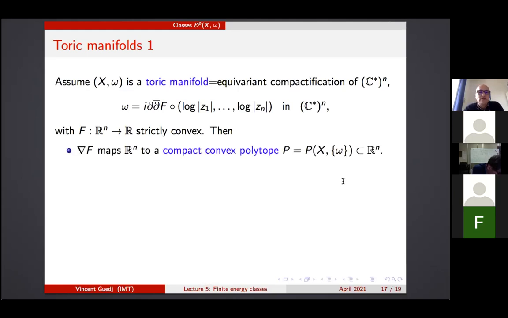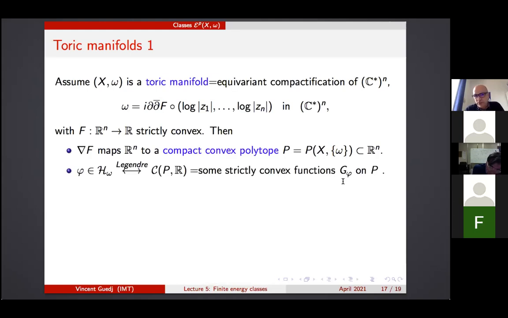And as a fact, which goes back to the 80s with the work of Delzant, it turns out that the gradient of f maps R^n to a compact convex polytope P, which essentially only depends on the cohomology class of omega. It does not depend on the representative that you picked.